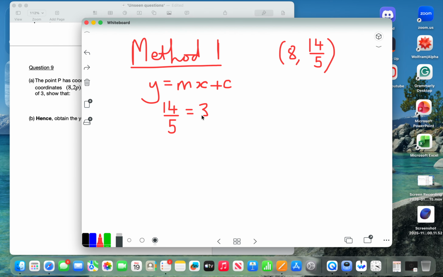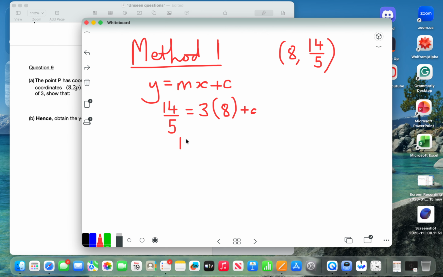Multiply it by 8 and plus c. c is the y-intercept. So what we then get is the y-intercept. Right, I'm jumping the gun. If you want to take 24 away from both sides, because this 3 times 8 is 24.